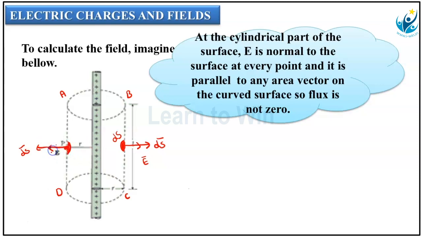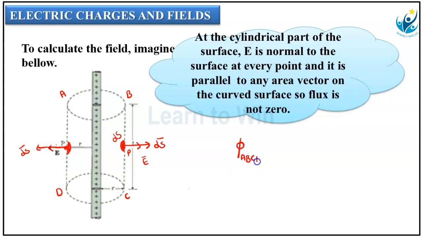This is the direction of E bar. Hence, at a given point, electric field intensity and area vector are both parallel to each other.